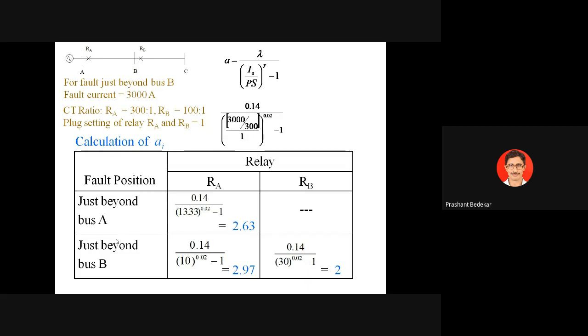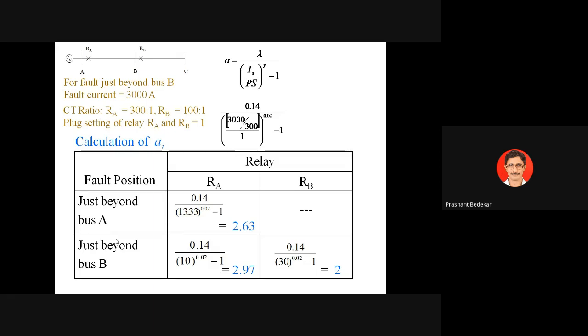The relay considered is an IDMT relay. As the relay is an IDMT relay, we have the constant equal to 0.14 divided by the secondary current of the relay, the CT secondary current, that is the current seen by the relay. The fault current is 3000 and I am talking about relay A, so I take CT ratio 300:1.